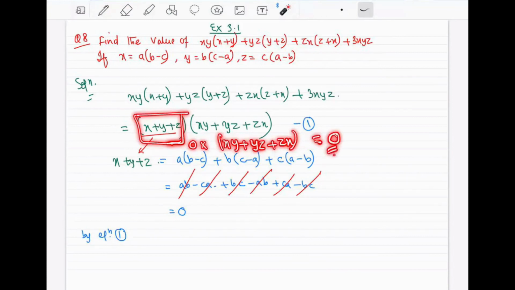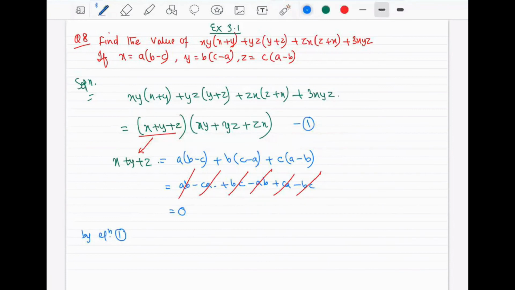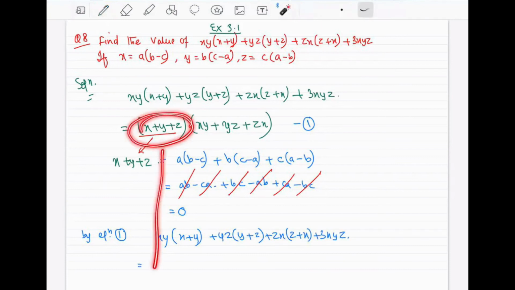So we are obtaining 0. So by equation 1, the final value for XY, X plus Y, plus YZ, Y plus Z, plus ZX, Z plus X, plus 3XYZ is going to be, instead of this, we are going to put 0 right here. This part, it will remain.